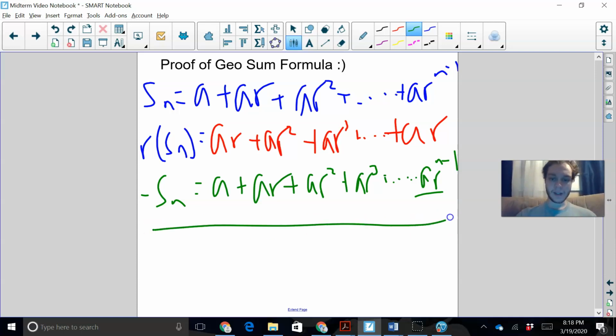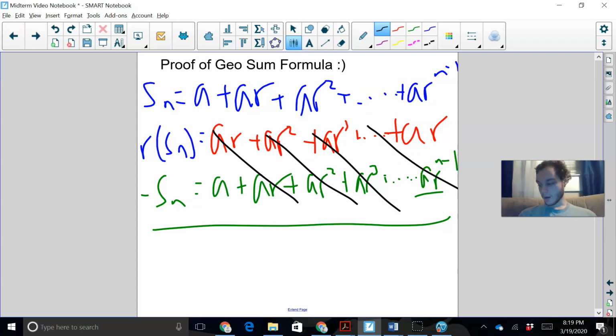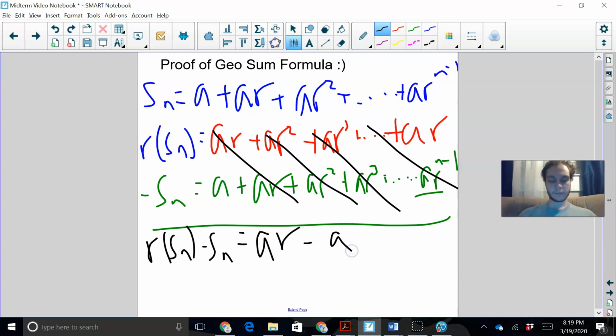If I subtract this, what do I get? Well, this cancels, and this cancels, and this cancels, and then somewhere in here we'll cancel that. So when I do this, I get r times s sub n minus s sub n equals ar to the n minus a.